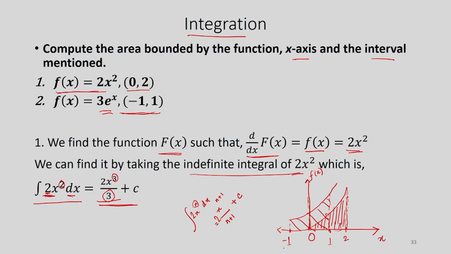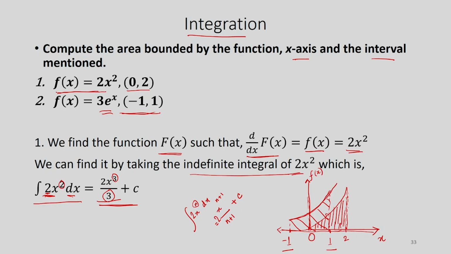The interval is from -1 to +1. The lower limit, that is the vertical limit at the bottom, is the x-axis itself, and the upper limit, that is the vertical limit on the top, is this function. So, this is the area. The method is going to be just the same as before.